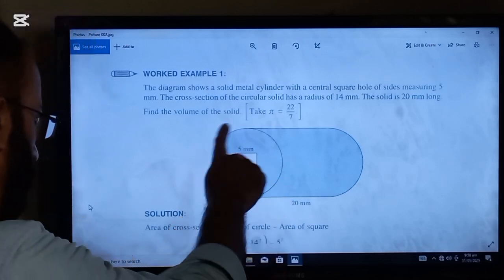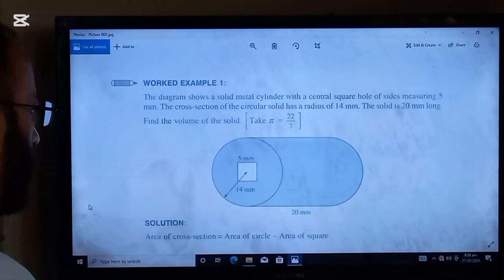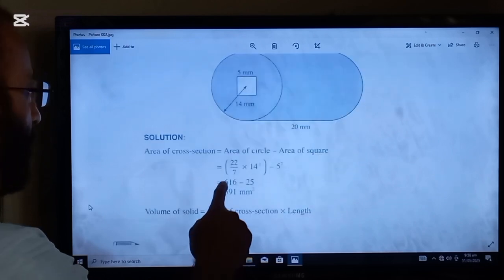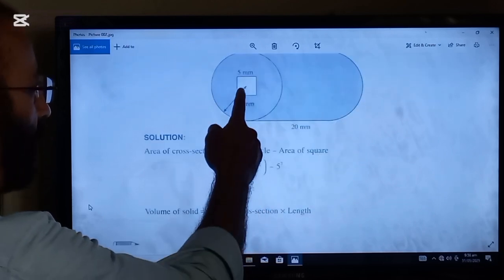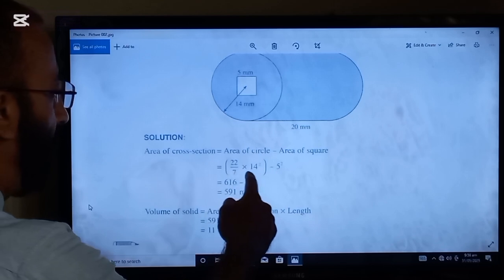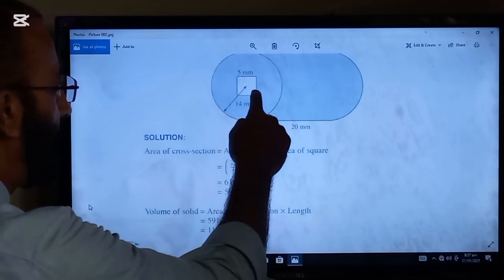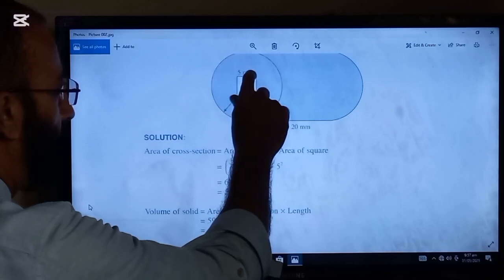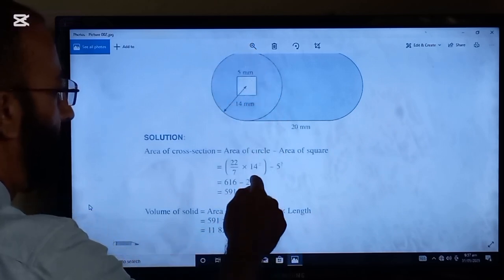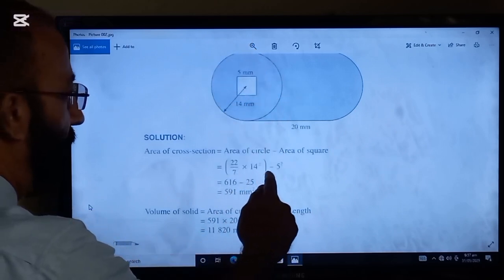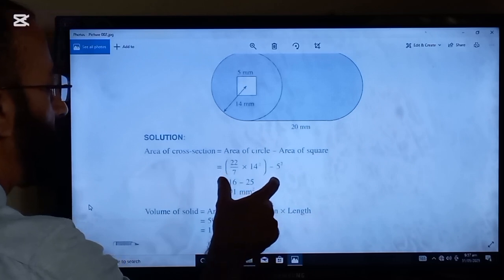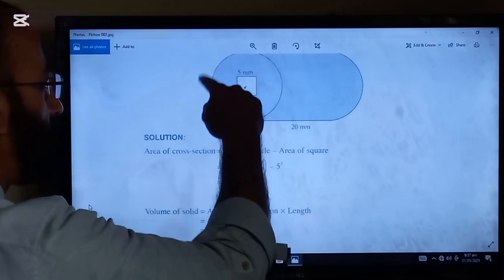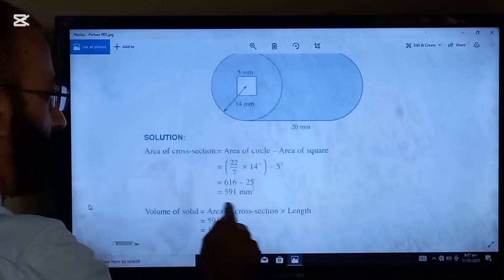So first we will find the area of the circle, that will be equal to pi r square because r is 14. Pi r square minus, this is actually the hole, so we will subtract the hole from the circle. So pi r square minus 5 square. That is now the area of the circle.